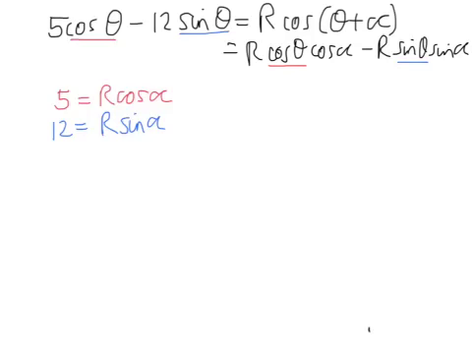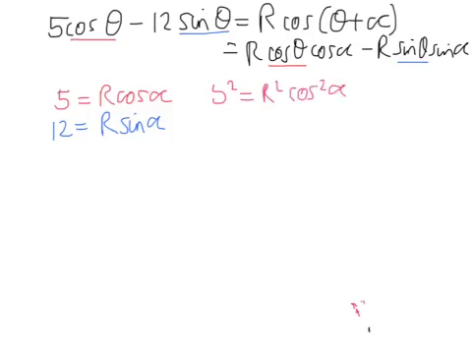Okay, so we've got two simultaneous equations in r and in alpha. We solve those following this method, so we're going to start off by finding out what r is, and to do that we're going to square both expressions. So from the first one, we have that 5 squared is equal to r squared cos squared alpha.